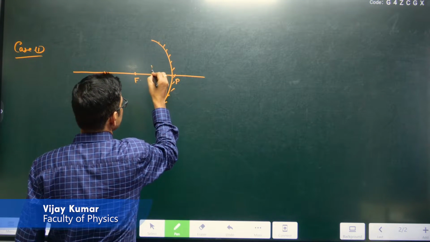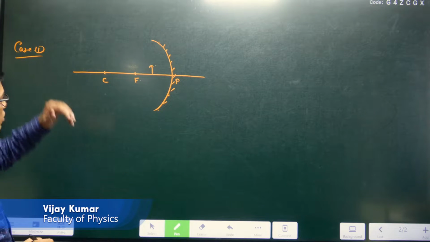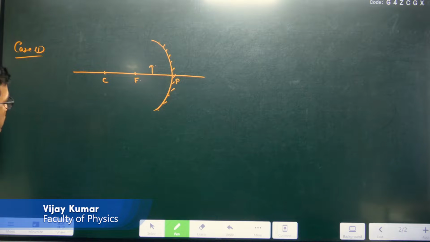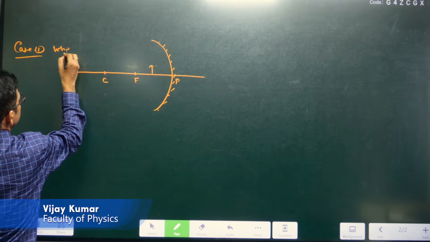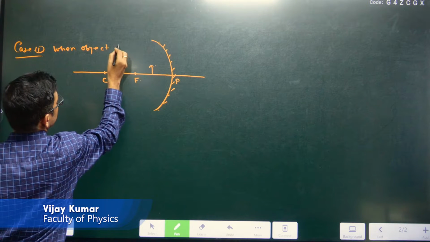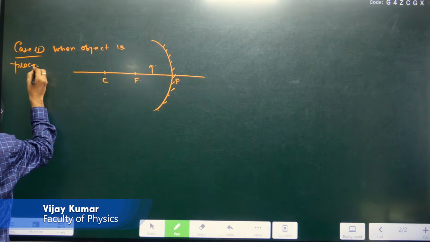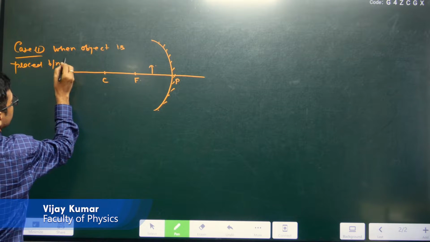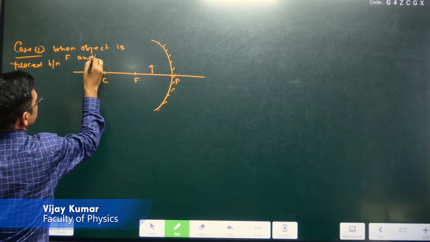Suppose the object is placed here. So case number 1 means the first case is when the object is placed between F and P.